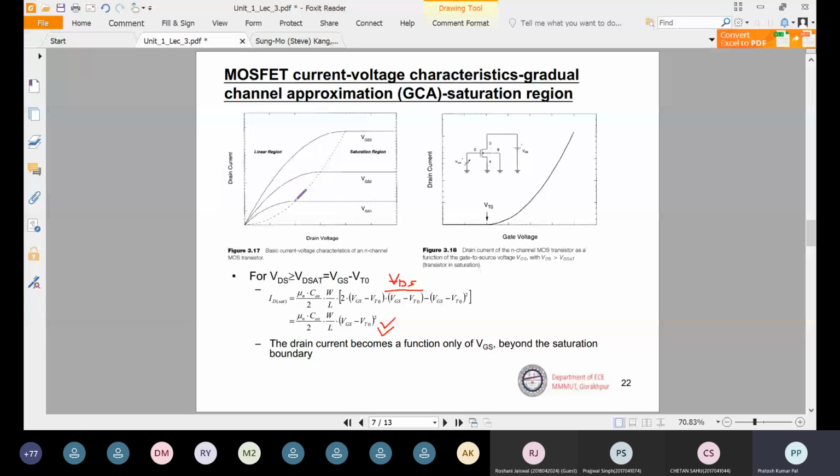After going to the maximum, instead of decreasing, it will remain constant. तो हमने पहले देखा था कि वो एक मैक्सिमम जाने के बाद डिक्रीज होना स्टार्ट कर रहा था, लेकिन डिक्रीज होने की जगह ये कांस्टेंट होना चाहिए. So that's why another expression to become this, current to become a constant, that means it will not be depending on the drain to source voltage. Drain to source voltage पे डिपेंड नहीं करेगा.